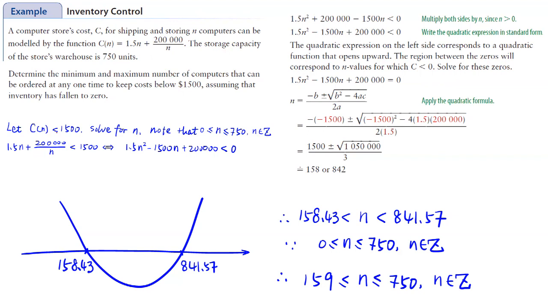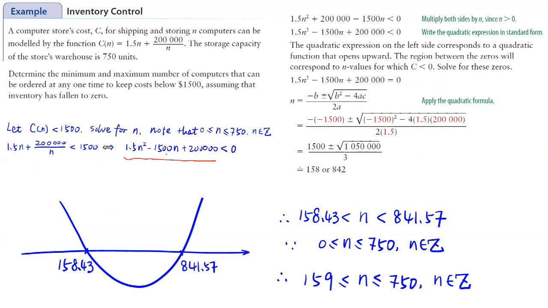Okay, so C(n) less than 1500 is equivalent to 1.5n plus 200,000 over n less than 1500, right? Which is equivalent to 1.5n squared minus 1500n plus 200,000 less than 0. So apparently this is our quadratic function, right?